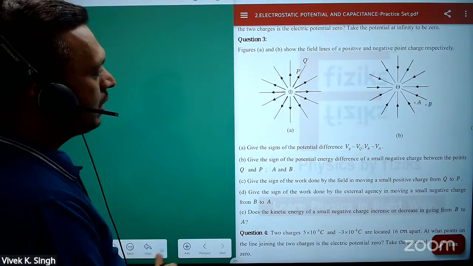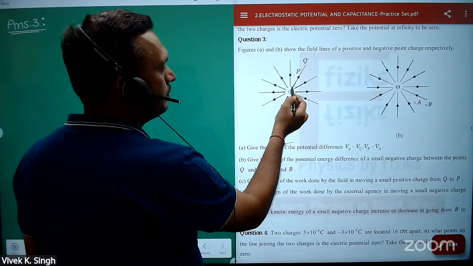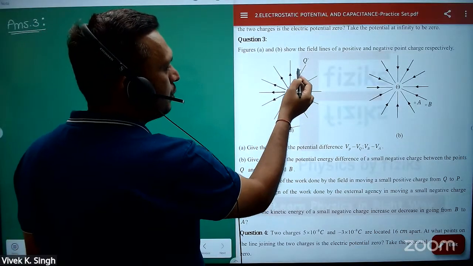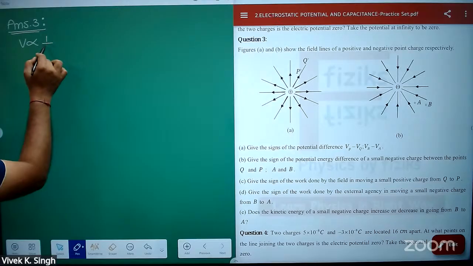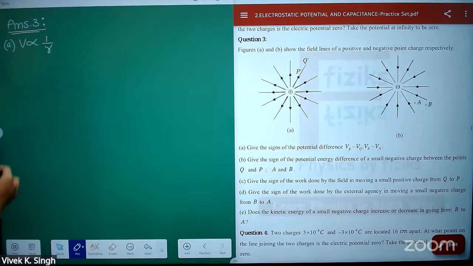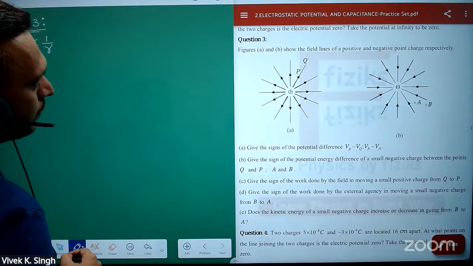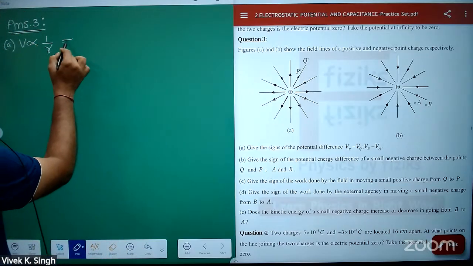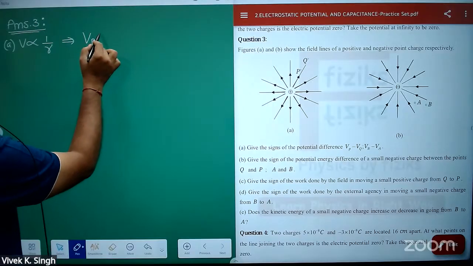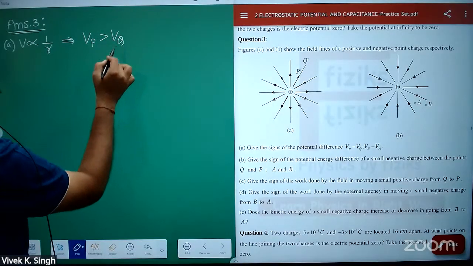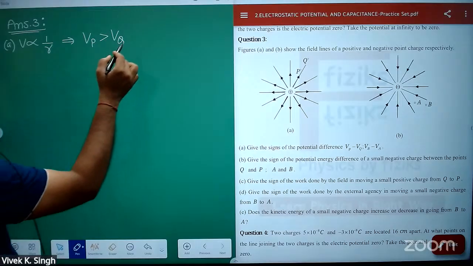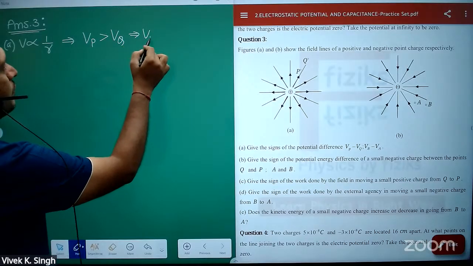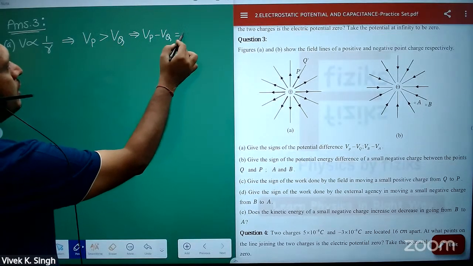So, because this charge is positive, we know that potential is inversely proportional to R, and this is positive value. So this implies potential at P will be greater than potential at Q. Yes or no? So Vp minus Vq will be positive.